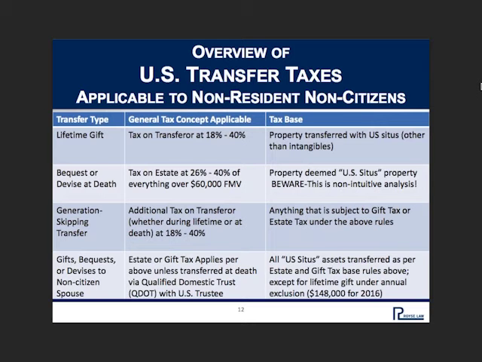Under the U.S. taxing regime, and we'll talk some more about that later, there is a tax on your right to give gratuitously. So it is a tax on the giver, not on the recipient. But for non-resident non-citizens, of course, how is the United States government going to tax the giver if they don't have a connection to the U.S.?